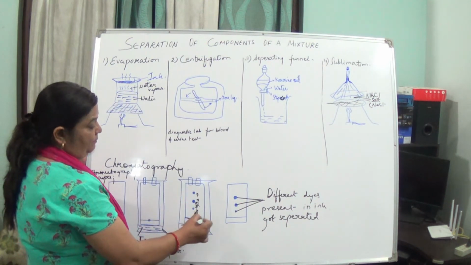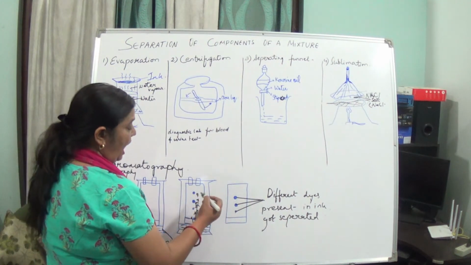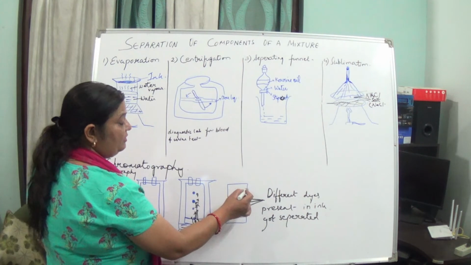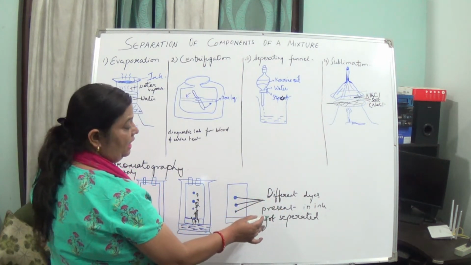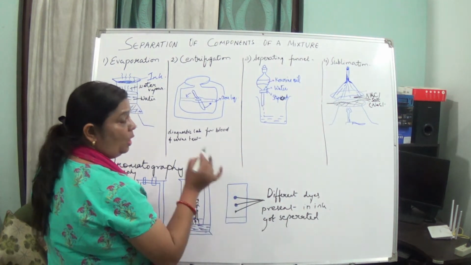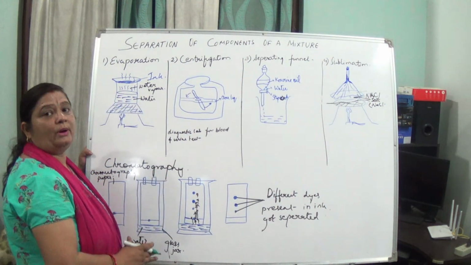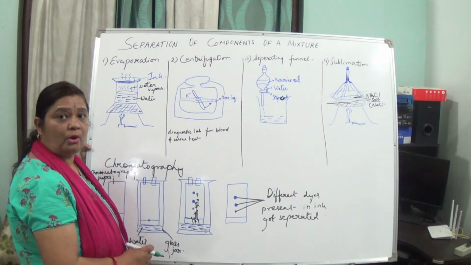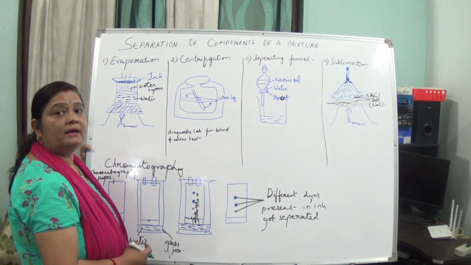Okay, so after this whole process, we take the paper out and we see the different dyes present in the ink got separated on different levels of the chromatography paper. I have told you about chromatography paper. There are also other different methods of chromatography, which we'll be studying in higher classes.